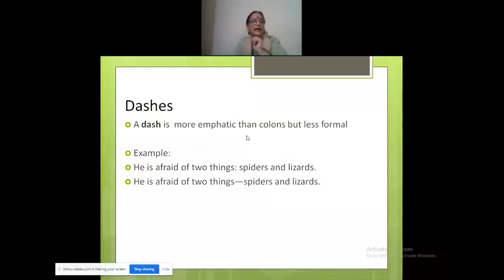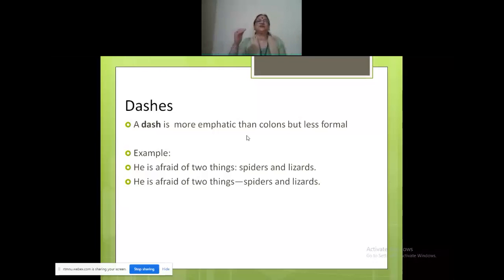So a dash is more emphatic than colon but less formal. So where does the colon come? He is afraid of two things and a list of things, spiders and lizards. And if you put a dash there, so again, we said that mechanics of writing is all about formality.